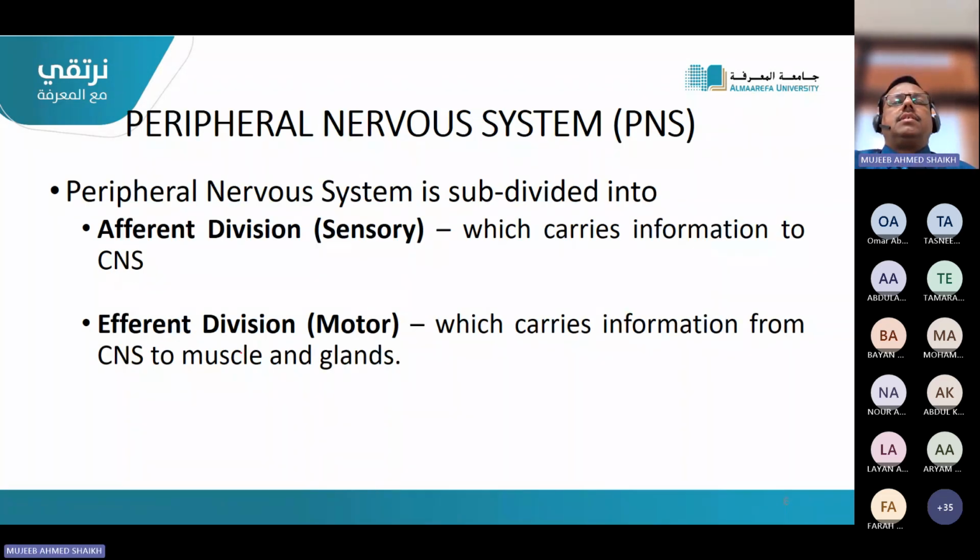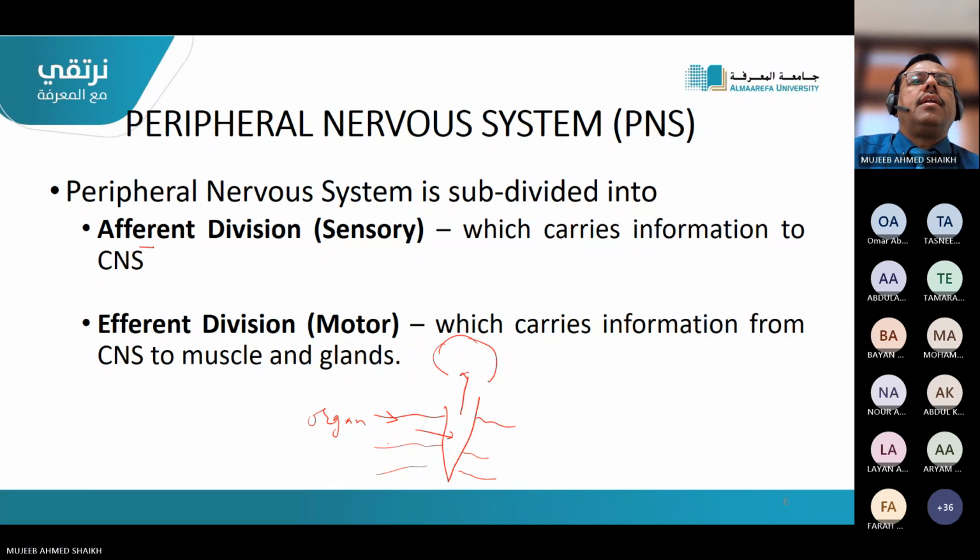Whereas the peripheral nervous system is divided into two. The nerves which are attached to the spinal cord bring the information from an organ to the spinal cord and then take it to the brain. So these are incoming signals. Incoming signals we call afferent.